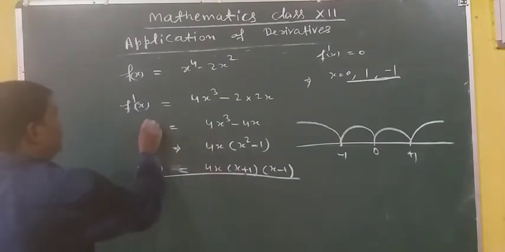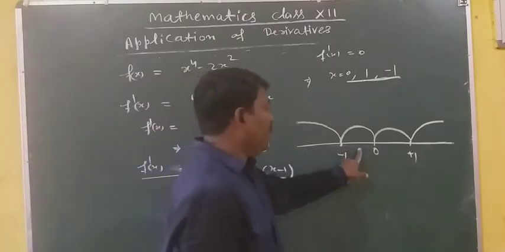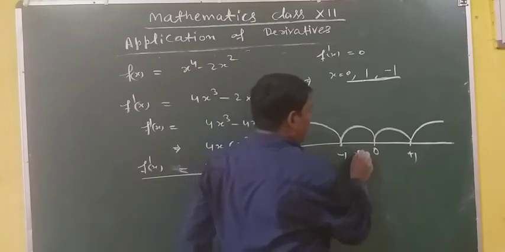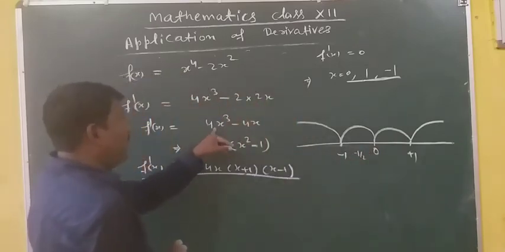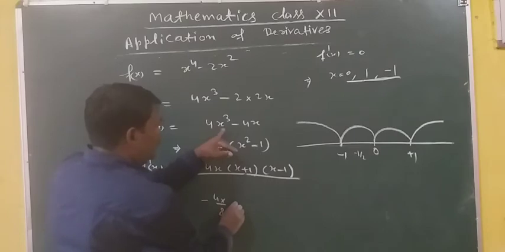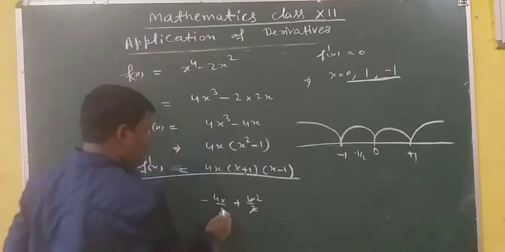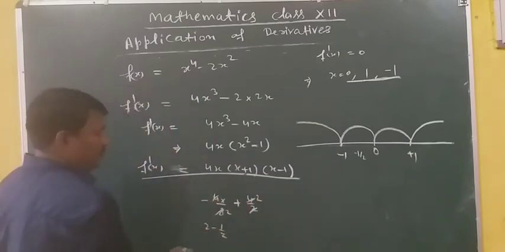Now see, if you put minus 1 by 2, what will you get? 4 into minus 1 by 8 minus 4 into minus 1 by 2, that is minus 1 by 2 plus 2.